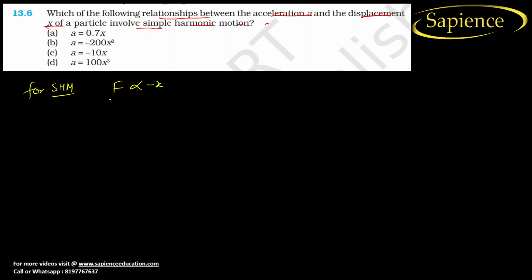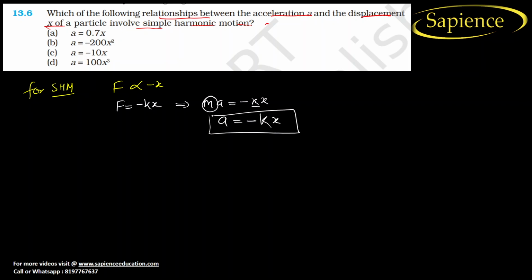So force will be equal to minus kx. Now if we re-equate this equation, force is equal to ma is equal to minus kx. If this is also a constant, we can write acceleration is equal to minus capital K into x. This is small k and this is capital K. So an equation in this form is the only one following S.H.M.